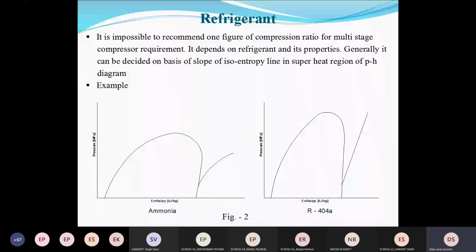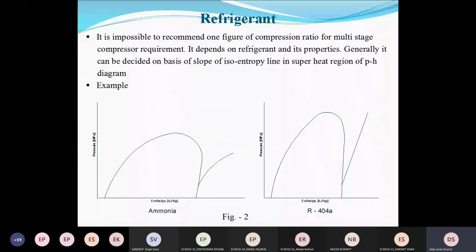Generally, it can be decided on the basis of the slope of the isentropic line in the superheat region of the PH diagram. You can see this isentropic line in the superheat region of ammonia is very much inclined, while this one has more angle and is going near to vertical.